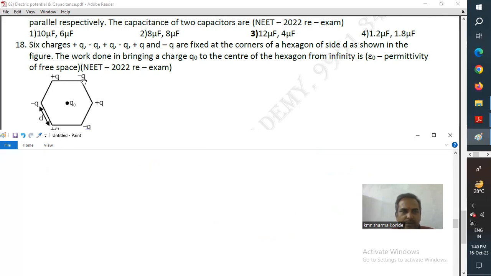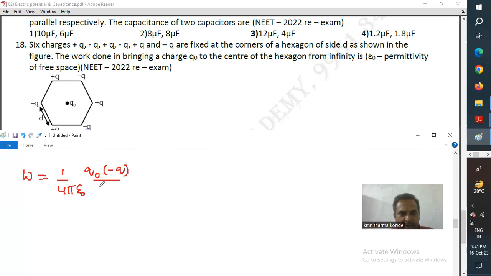So therefore, write down the work done expression. Work done due to two systems of charges. So W is equal to the work done due to these two systems of charges. It is going to be 1 by 4 pi epsilon naught, first pair Q0 and minus Q. This is the first pair.